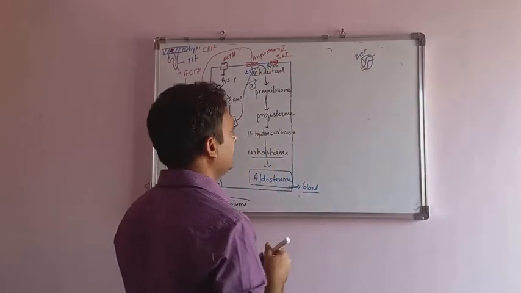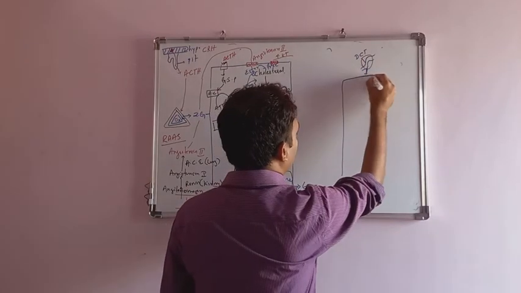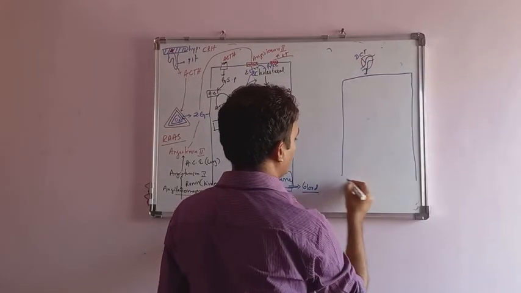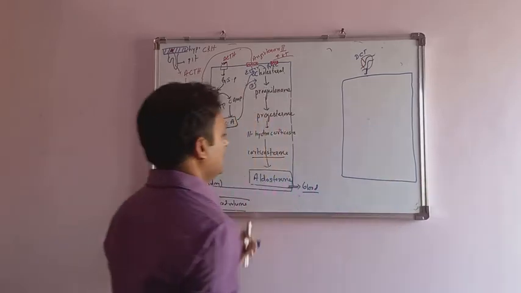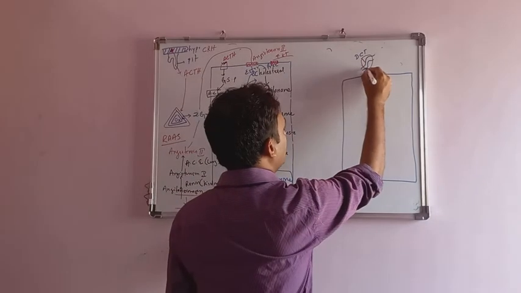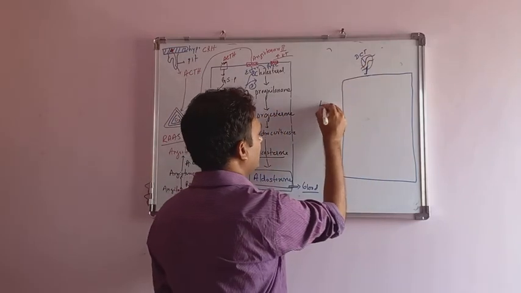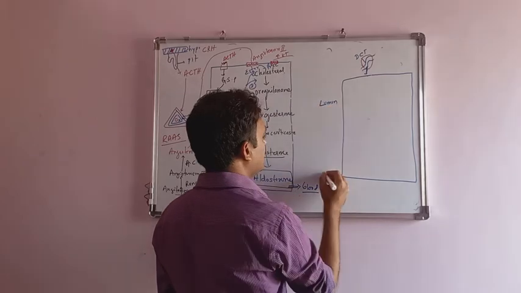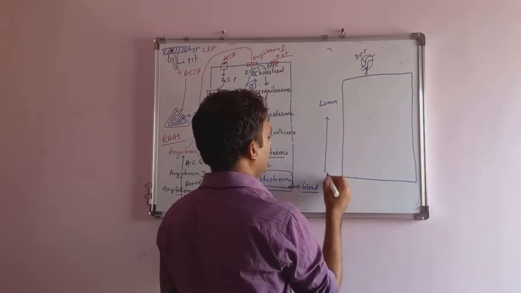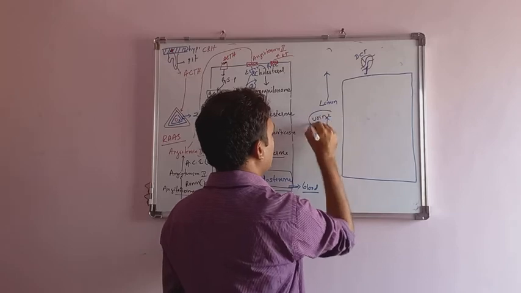Consider this is the cell here. This is the cell of the distal convoluted tubule. There is one cell. This side is the lumen, where the urine is.